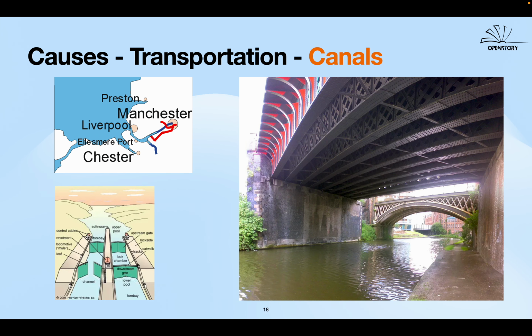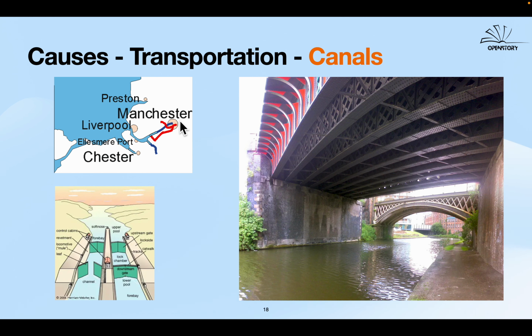For bulk cargo, water beat roads on cost. When Britain's demand for coal exploded in the late 1700s, the country went on a canal building spree. Signature example, the Bridgewater Canal. It linked the Worsley coal mines straight to Manchester.